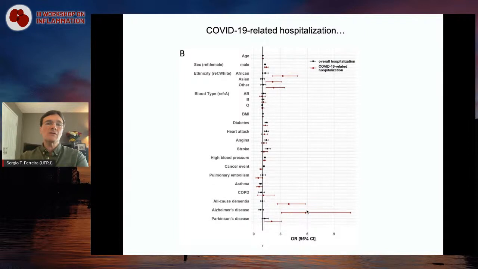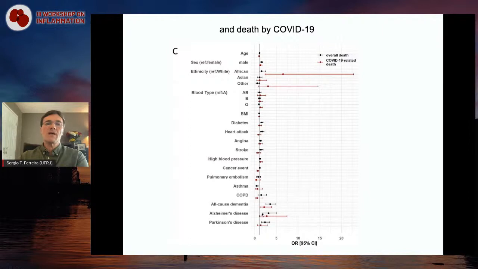And finally, we looked at whether having dementia or having Alzheimer's disease would be an important risk factor for COVID-19 related death. And so again, we found in this case that dementia and Alzheimer's disease confer about a 2 to 3-fold increase in odds ratio for death.